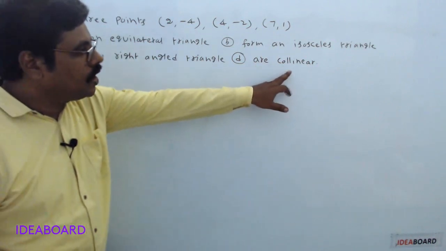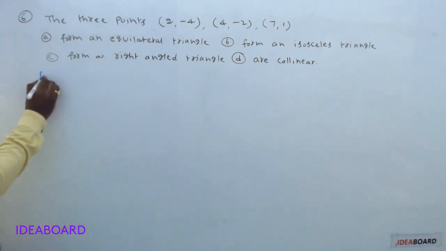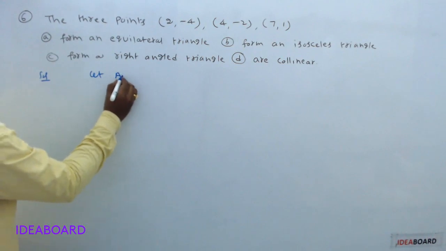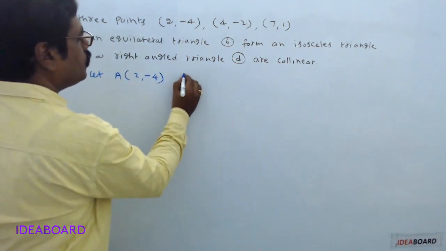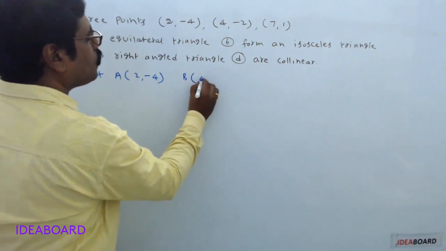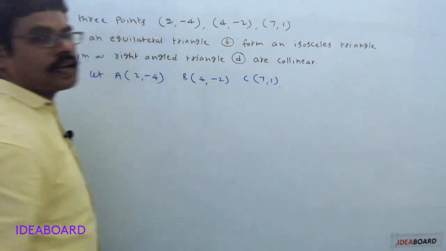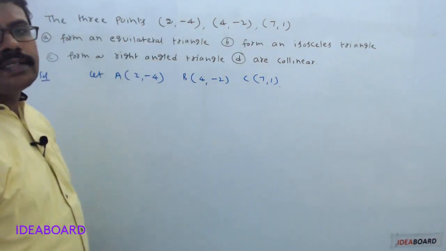So first you have to check the collinearity condition. First denote the given points as A, B and C. Let A equal (2, -4), B is (4, -2), C is (7, 9). So denote the given 3 points as A, B and C.